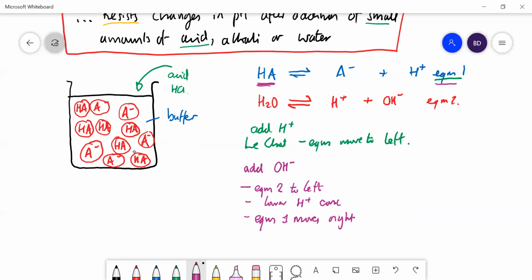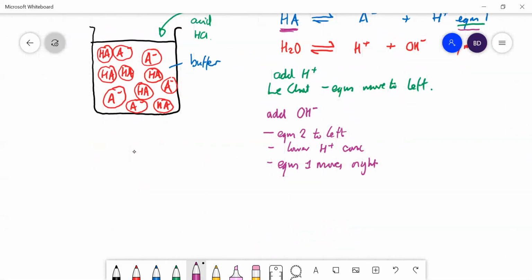Now, just before we finish, whenever you're doing a buffer calculation, it's a good idea to rearrange your Ka expression. So what's Ka equal to? It's H plus concentration times A minus over HA.